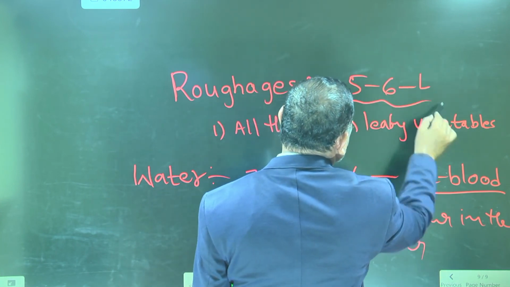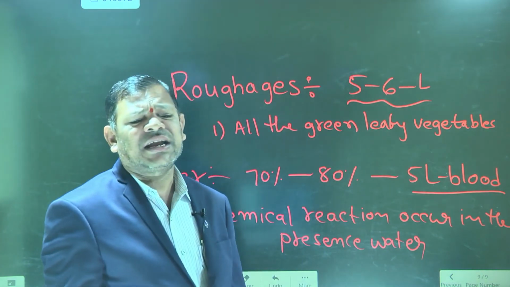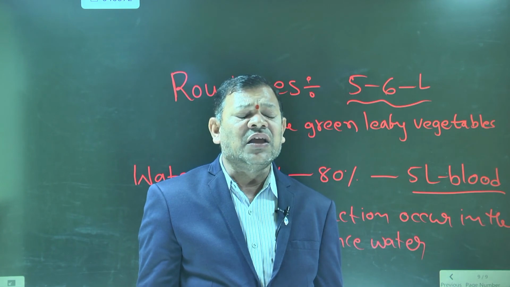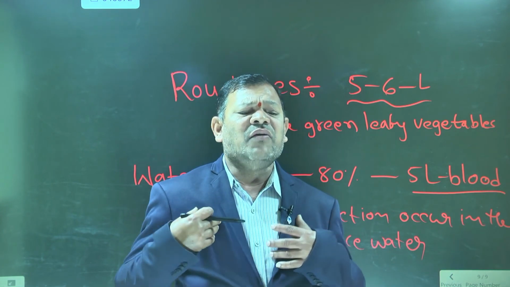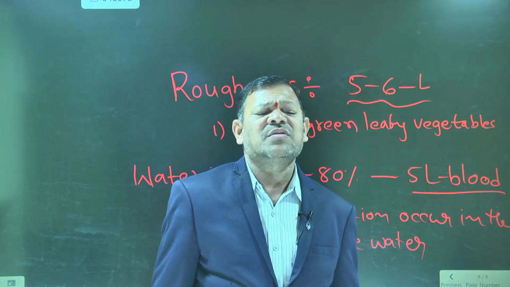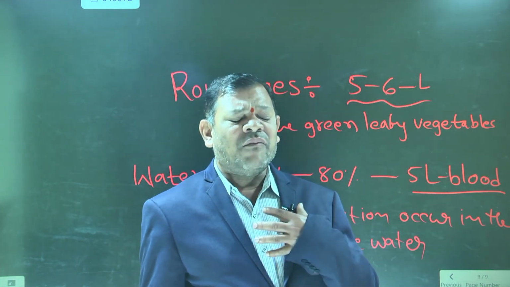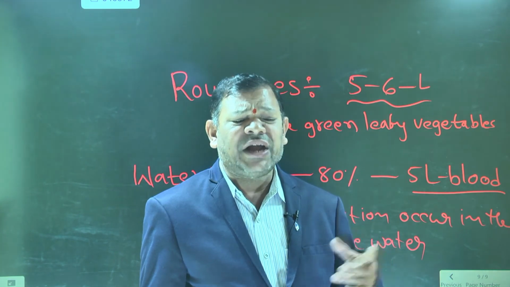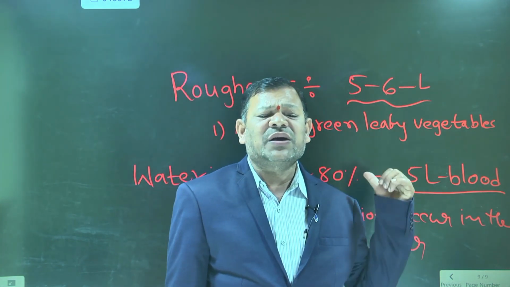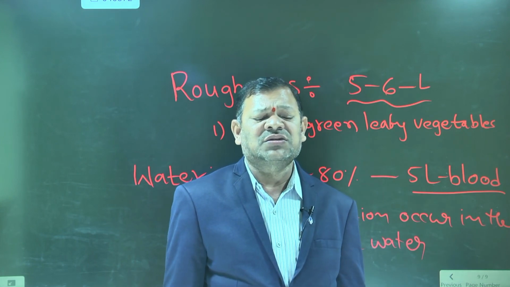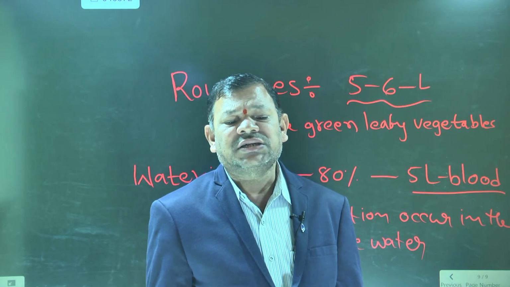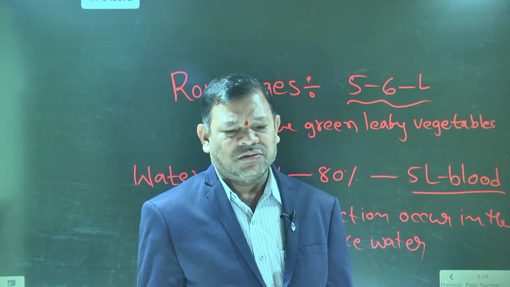If you drink water, our metabolic activities occur in the proper manner. Another important point is that our normal body temperature is also maintained by water only. So that's why water is an essential component of food.